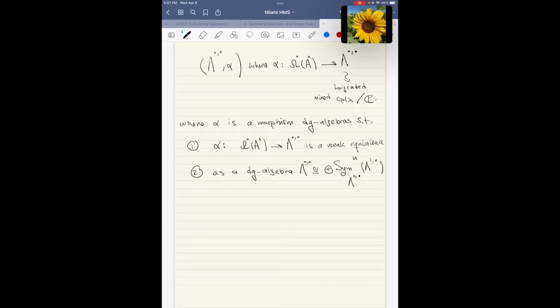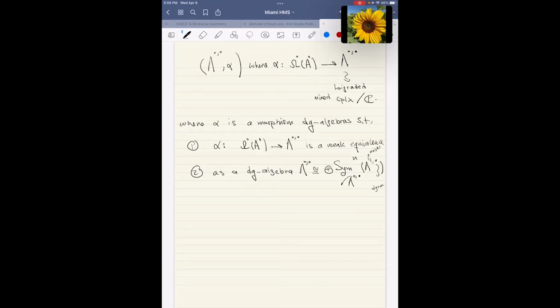It says that lambda 0 is actually just the functions, 0 forms. And the first one is the weight, and this one is the degree. So it's telling you that this bigraded complex needs to be generated by 1 forms, over A0 and over A minus 1 and over A minus 2 all the way to the end.